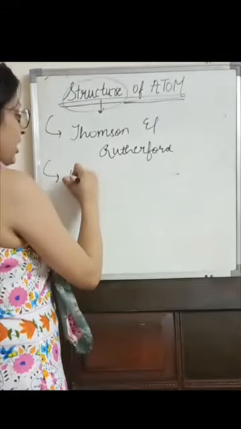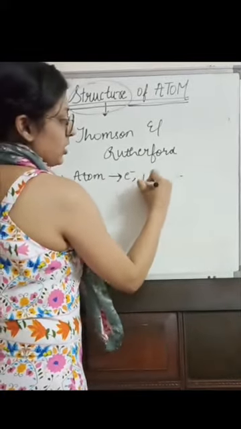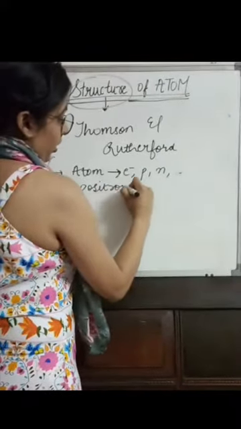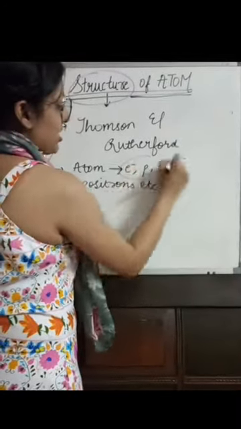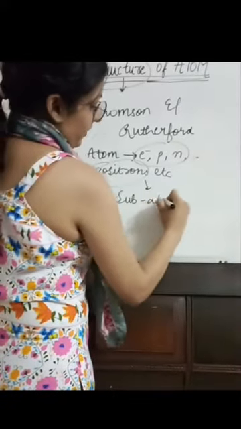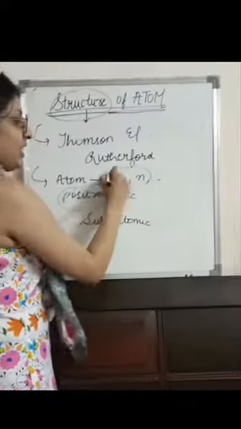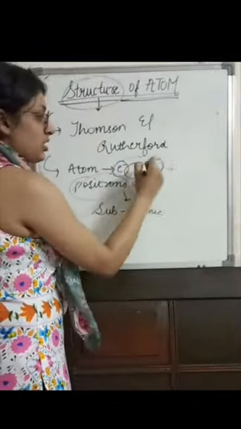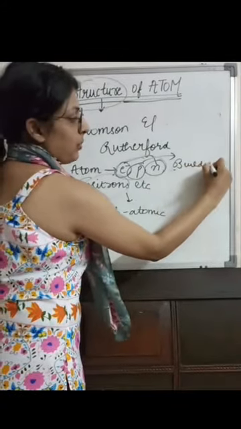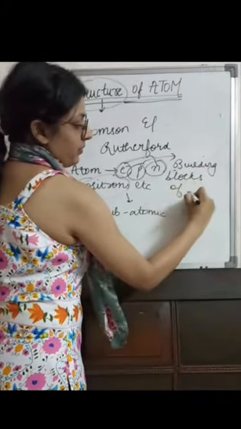It is now believed that the atom is made up of many particles, that is electrons, protons, neutrons, positrons, etc. These all particles are known as the subatomic particles of an atom, whereas the electrons, protons and neutrons are the building blocks of an atom.